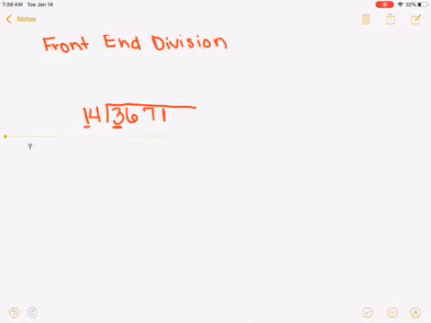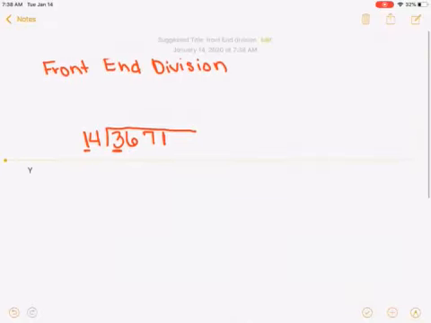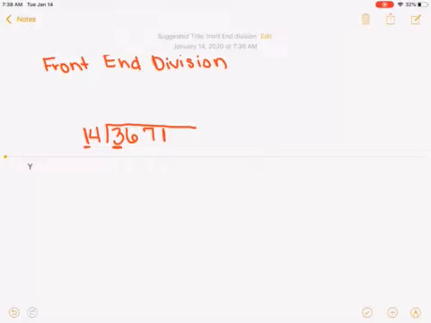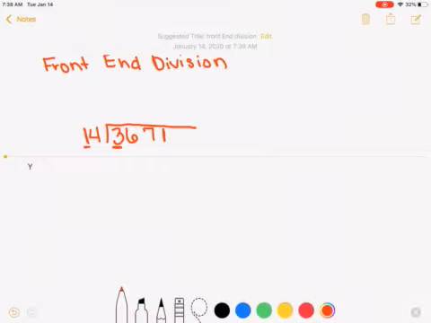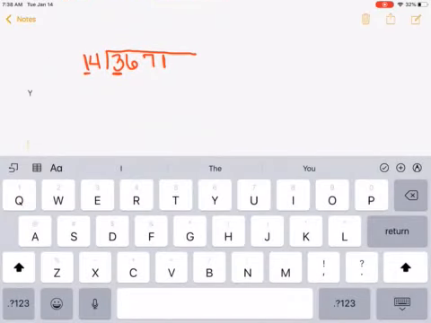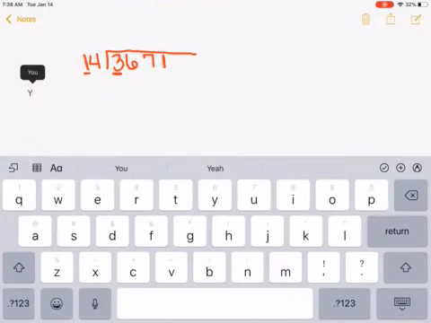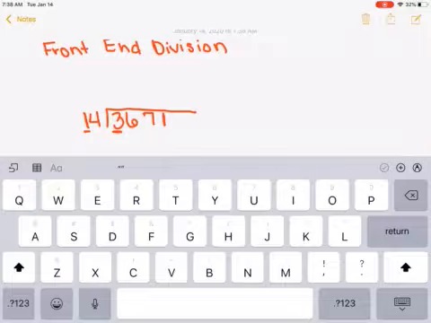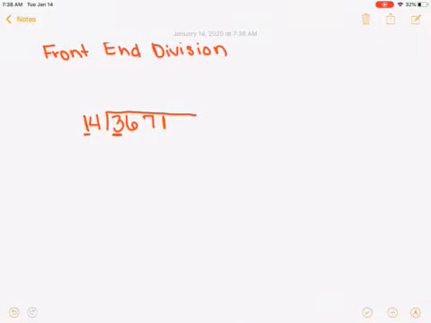Okay, so 14, I'm going to multiply 14 times 3 and see if it's small enough to go into 36.